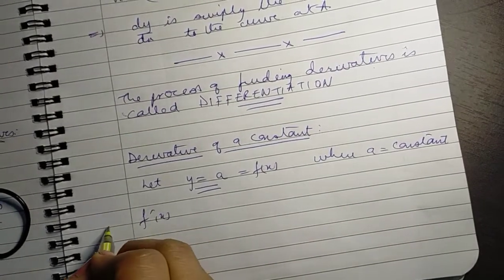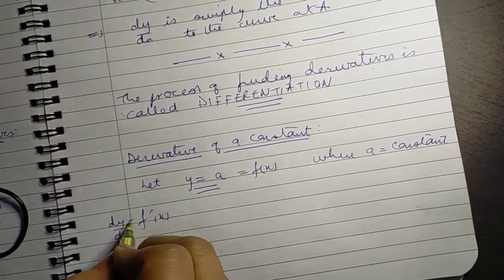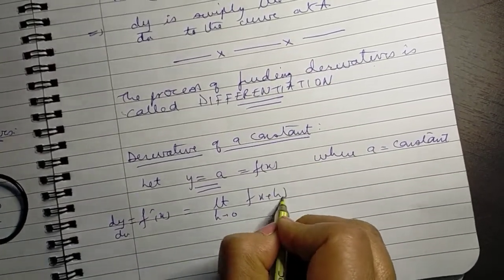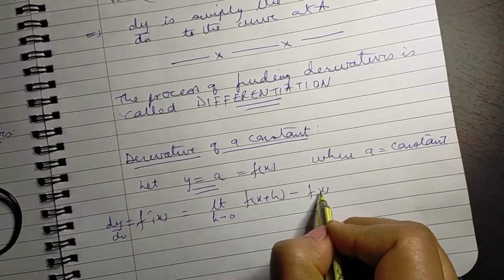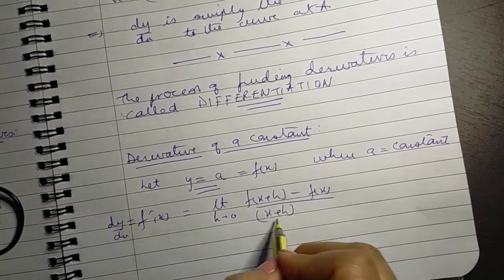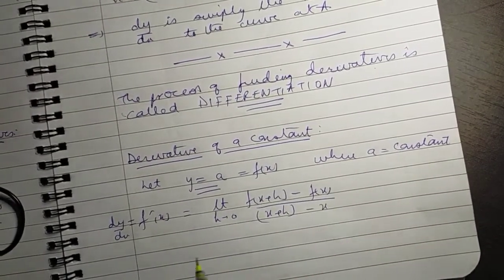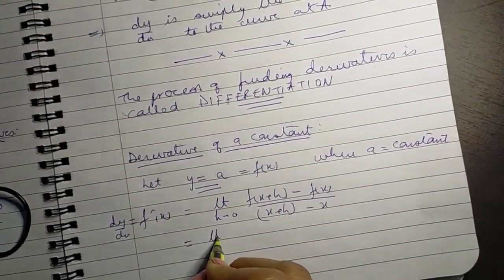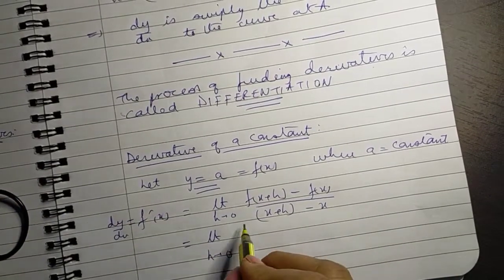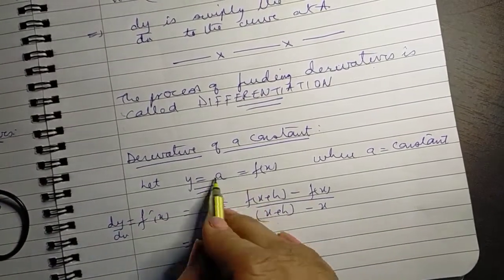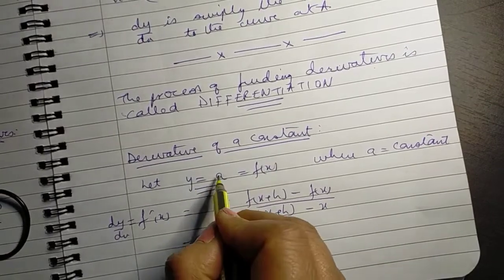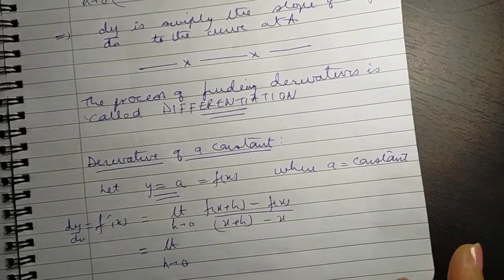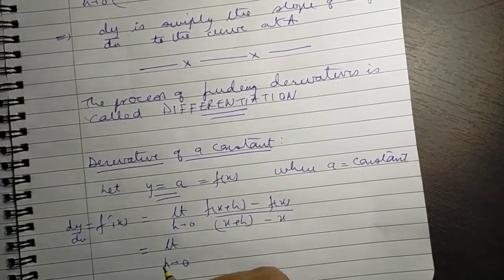f dash x, or you can write it as dy by dx, equals limit h tending to 0 of f of x plus h minus f of x over x plus h minus x. Now here, no matter what value x takes, the value of f(x) is the same as a because it is independent of x.